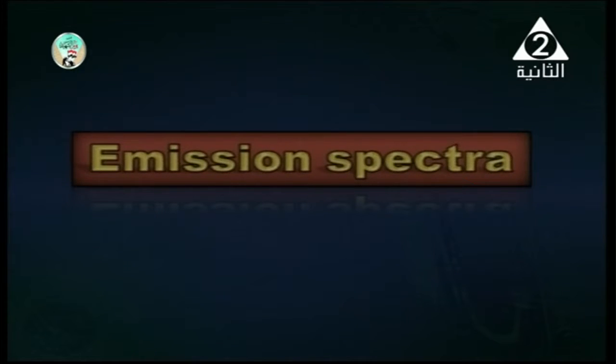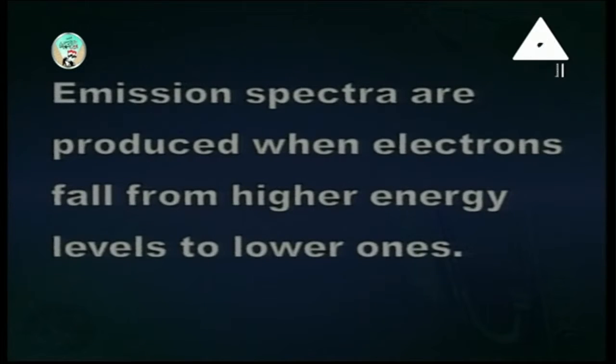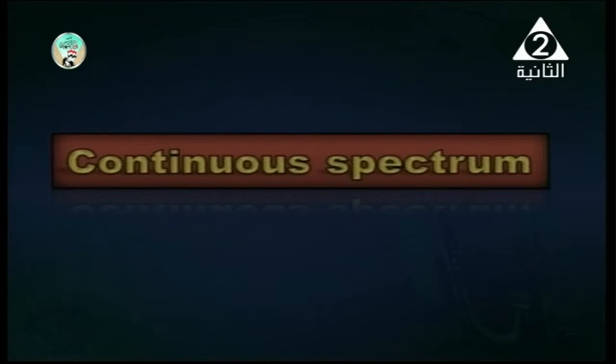Starting with emission spectra. Emission spectra are produced when electrons fall from higher energy levels to lower energy levels. And it includes two types.